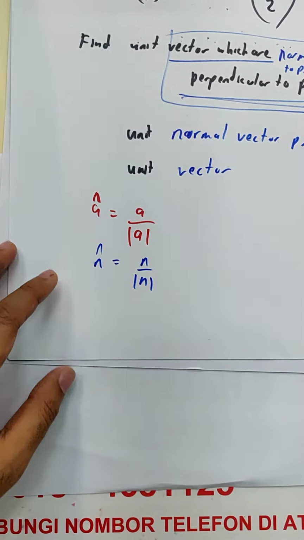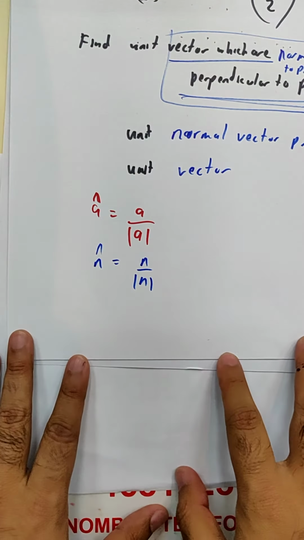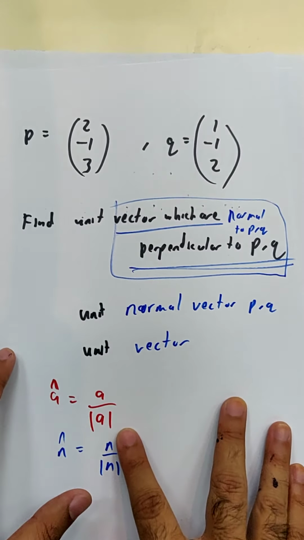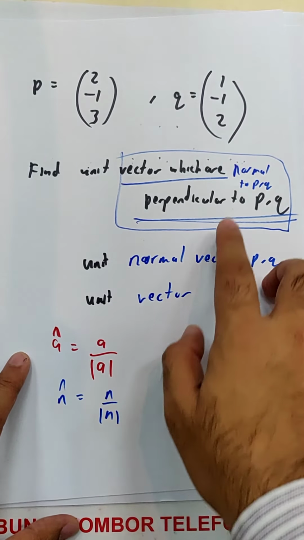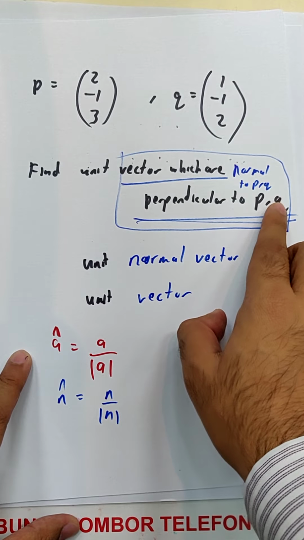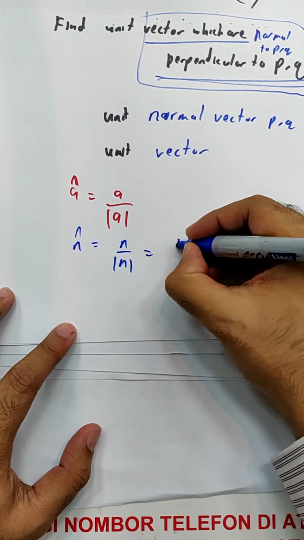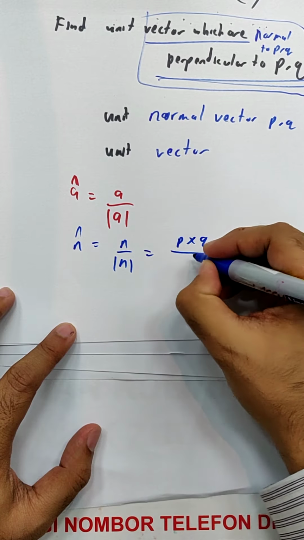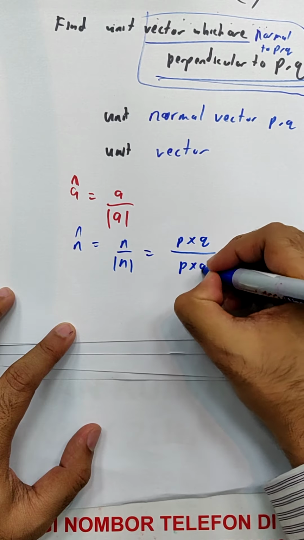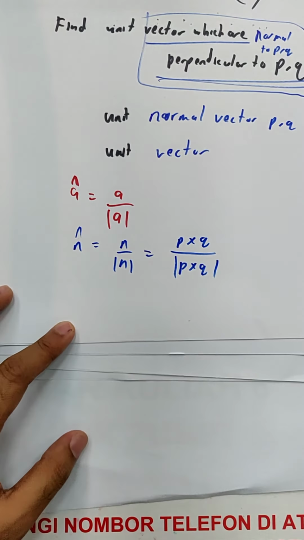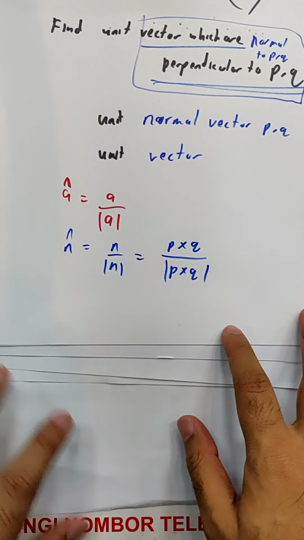And how do you find n? How do you find the normal here? It's from P and Q. So what you need to do is P cross Q over P cross Q modulus. That's in long term.